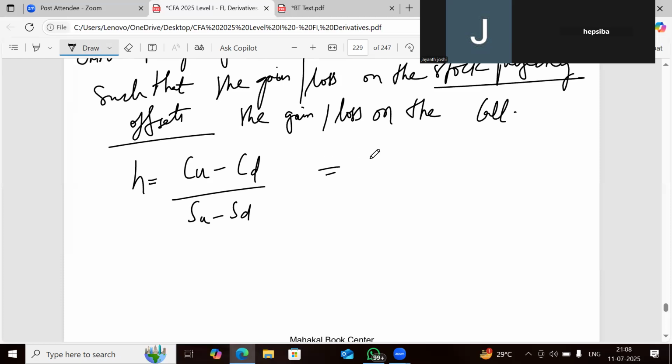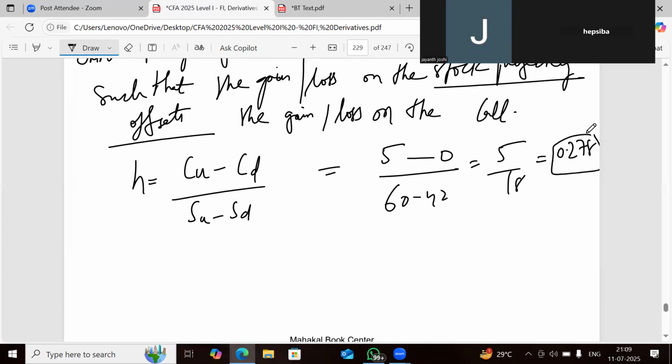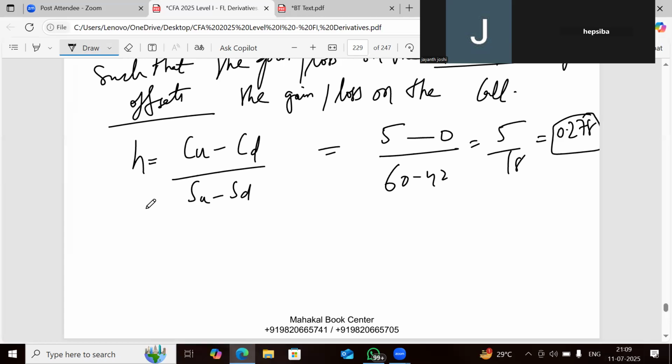What is the change when the call was up, 5, right? Your payoff down, 0. What is the stock up? 60 minus 42, 5 by 18, 0.278. This is the hedge ratio. What does it say? It says that we will now construct a hedge portfolio.